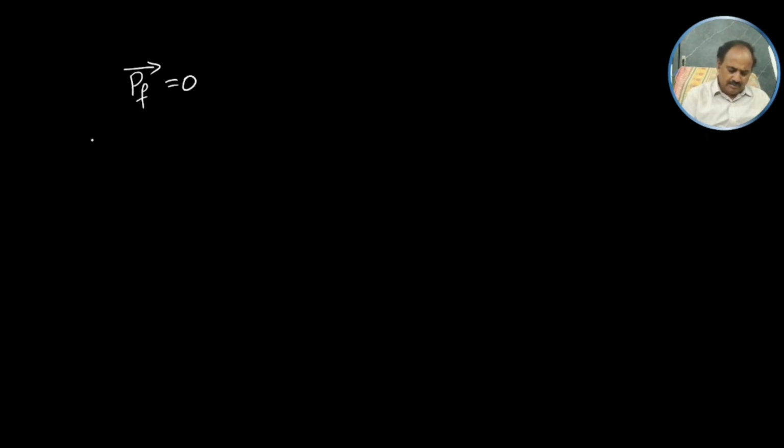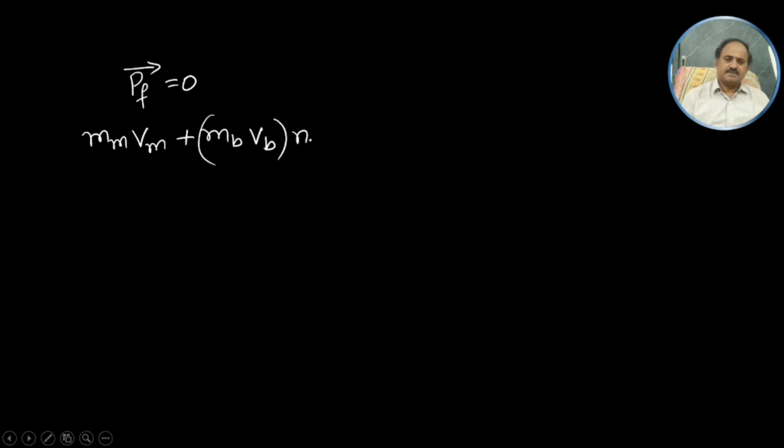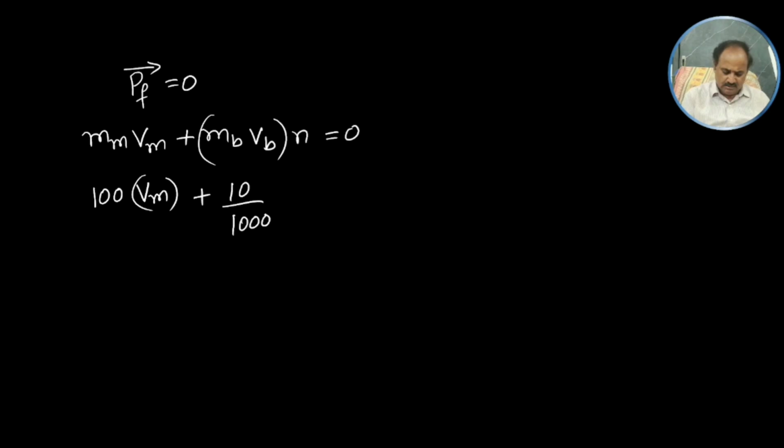Here the final linear momentum is mass of the man into velocity of the man plus mass of the bullet into velocity of the bullet multiplied by the number of bullets released, or number of shots, equal to 0. Here mass of the man is 100 kg into velocity of the man plus mass of the bullet 10 by 1000 kg into velocity of each bullet 800 into number of bullets released 10 equal to 0.